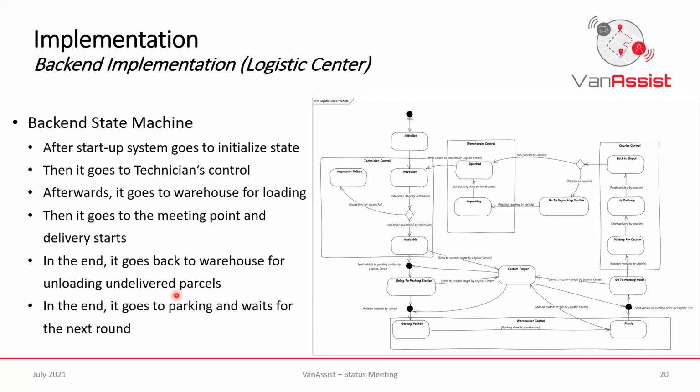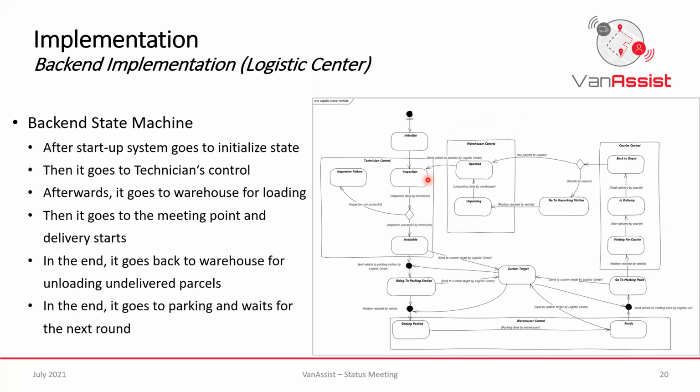So here you can see the overall state machine of the logistics center. It consists of several states, and the logistics center goes through these states for every vehicle, for every van. In the beginning of the day, the van is in the initialized stage, and then it goes to the technician control, and more specifically to the inspection status.